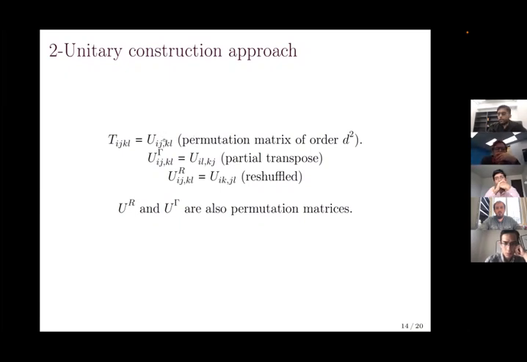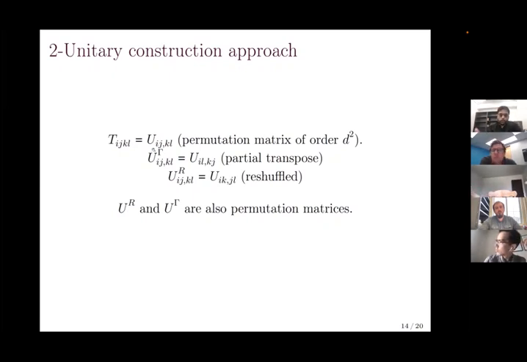And this is a permutation matrix, because if you remember, for each ij, there is only one KL that would give Tijkl equal to 1. That's the way the orthogonal Latin squares are defined, right? So this U ijkl, this matrix of size d square by d square, will be a permutation matrix.